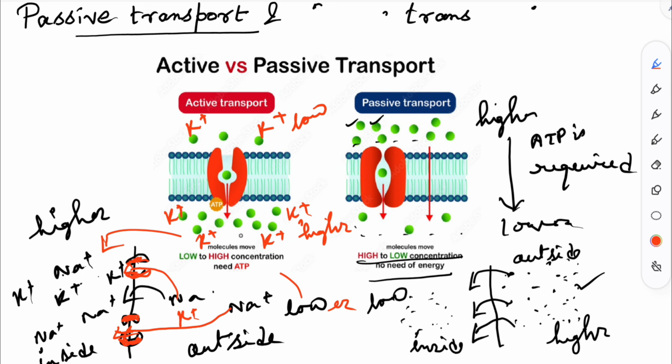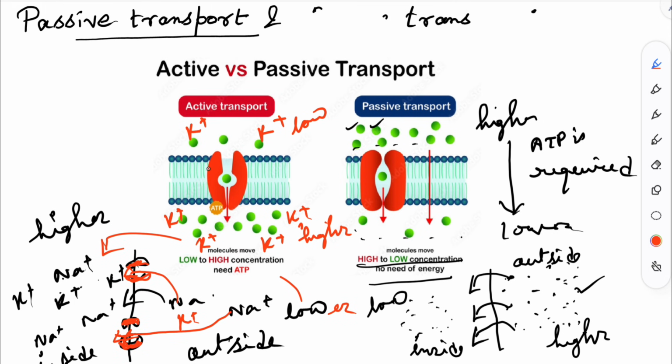Still, if the cell needs it, then through the channel potassium ions will enter. But for working against the concentration gradient, the cell needs to spend some money. Here money means ATP.